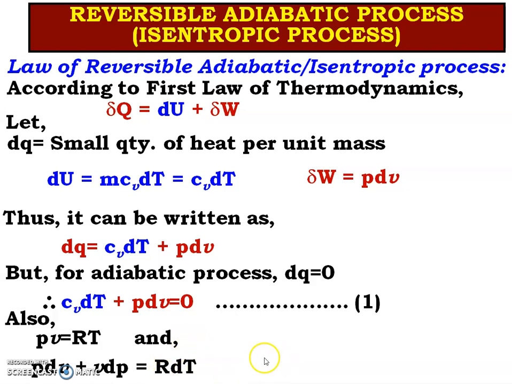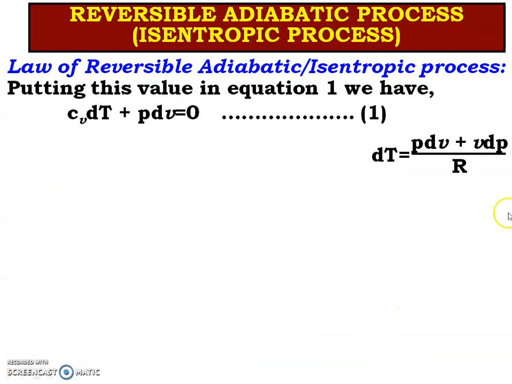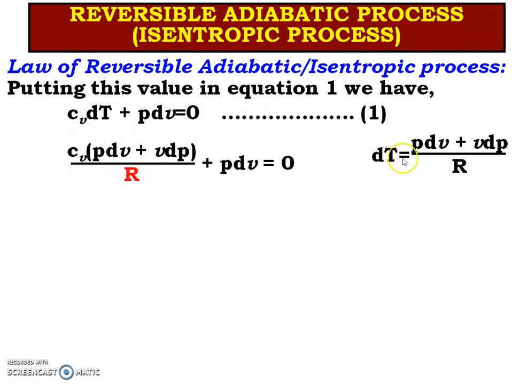Now delta T is equal to PdV plus VdP divided by R. So we are required to substitute the value of delta T in equation number 1. So putting this value of delta T in equation number 1, we are going to get Cv into bracket PdV plus VdP divided by R plus PdV is equal to 0.